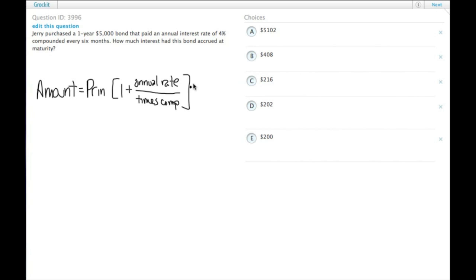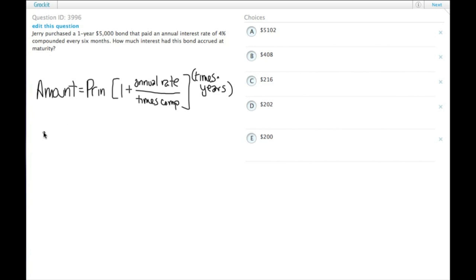And that whole thing is raised to the times that it's compounded times, in turn, the number of years power. And it's usually abbreviated with letters, but I was just explaining what that would be in actual English.